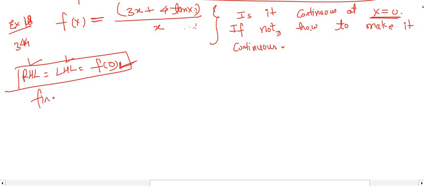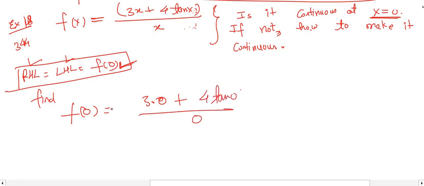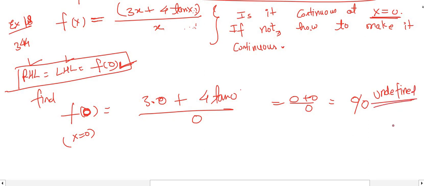So let's find f(0). f(0) is (3 into 0 plus 4 tan 0) by 0. How to find f(0)? I am putting x = 0. That's it. So I am getting (0 plus 0) by 0. 0 by 0 in maths is completely undefined. 0 by 0 is not an accepted value in mathematics.